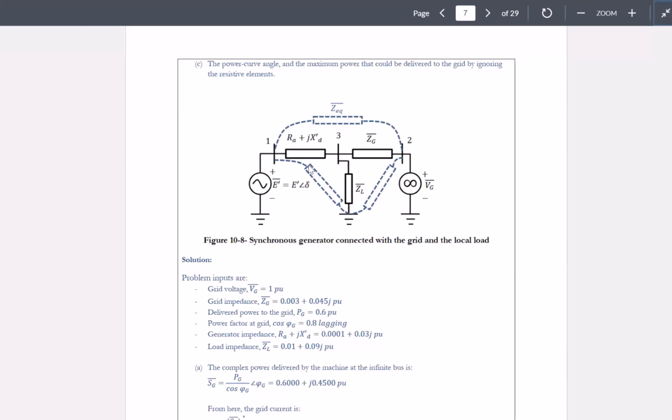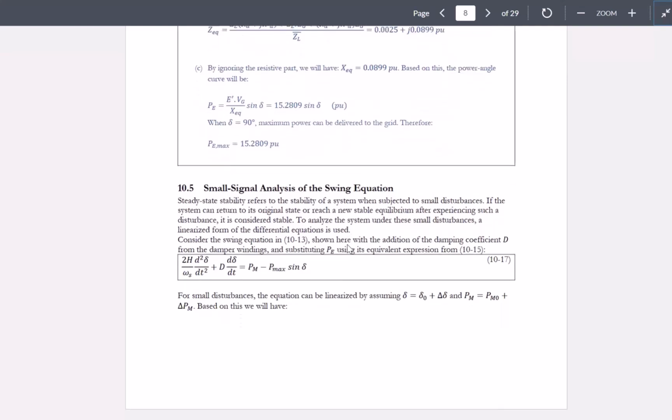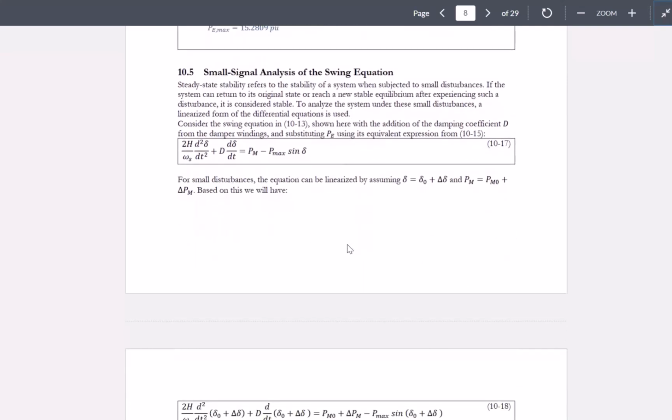So we can do that through transformation of this Y into delta, and then considering that Z equivalent in our calculations. And we are going to ignore the resistive part of this Z equivalent as well. So this is how the study can be done.